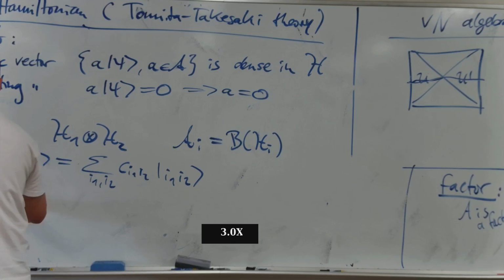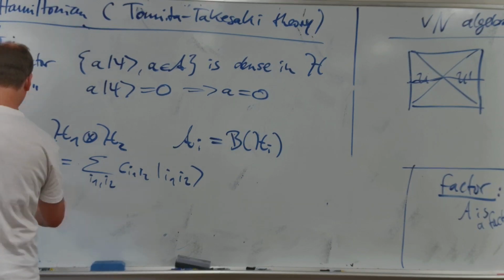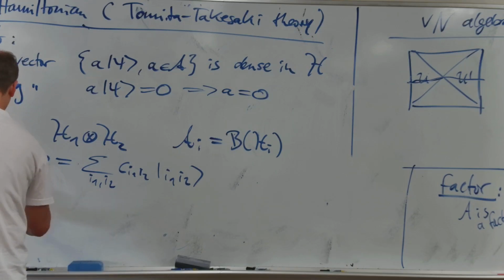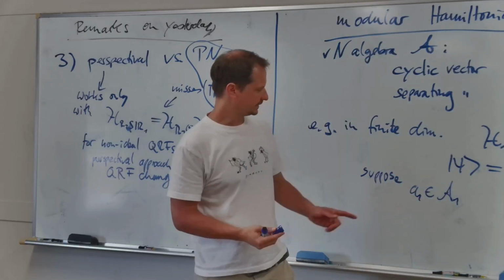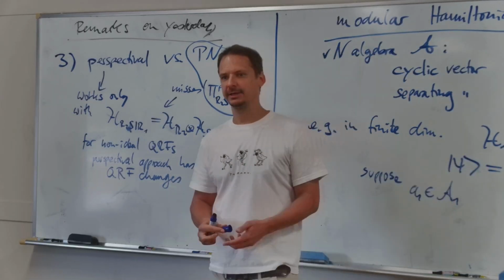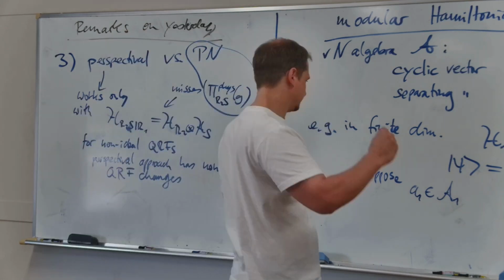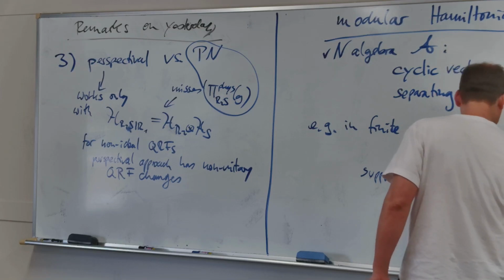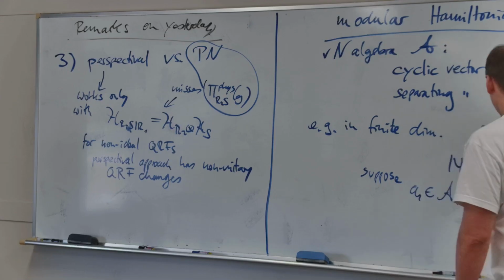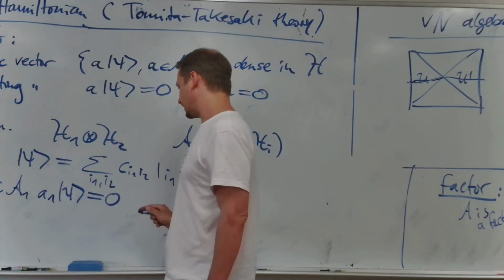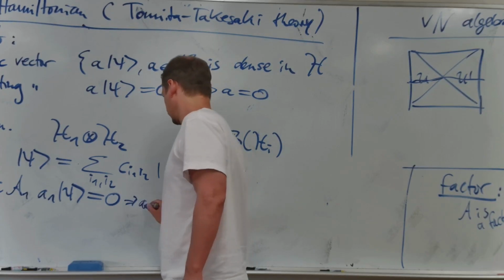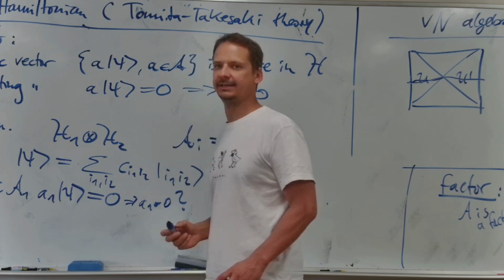Suppose we have some A1, an operator that only acts in this Hilbert space. Suppose we have this operator and we want to know for which states, when A1ψ is 0, does it imply that A1 is equal to 0? So for which states is that true?